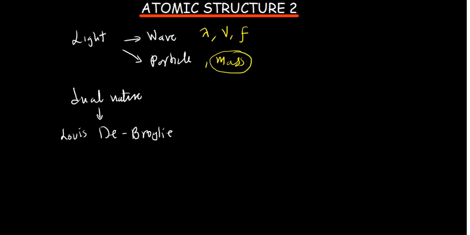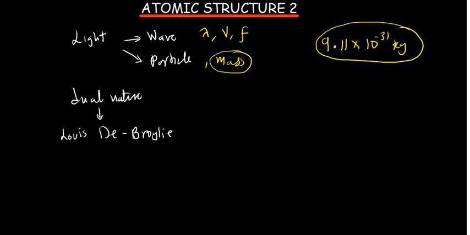Actually, we know the speed of light, basically the speed of all those waves in the electromagnetic spectrum, which is about 3.0 times 10 to the power 8. Now, also electrons have got a specific mass. The mass of an electron, I think it's given in all papers, is 9.11 times 10 to the power negative 31 kg. It's going to be given. This is the mass of an electron.